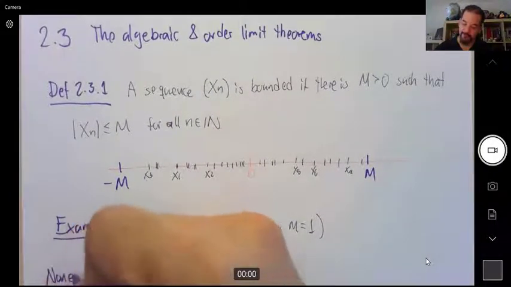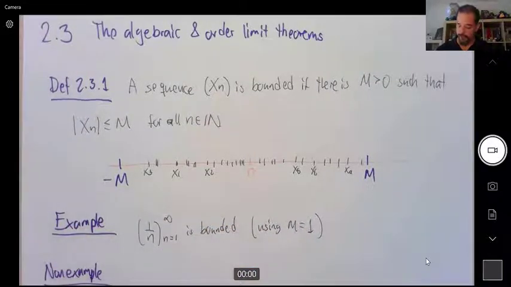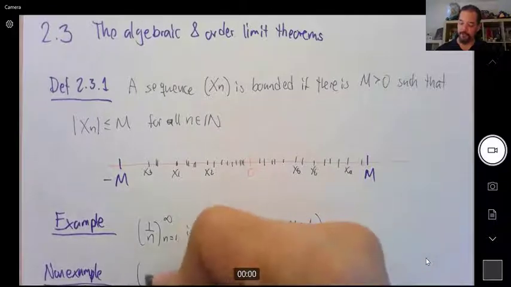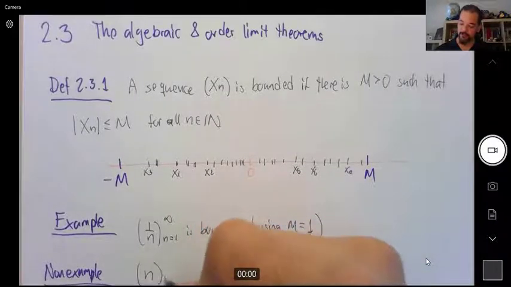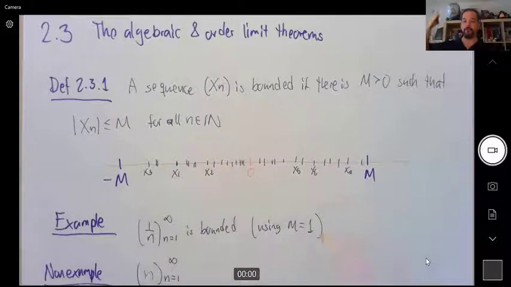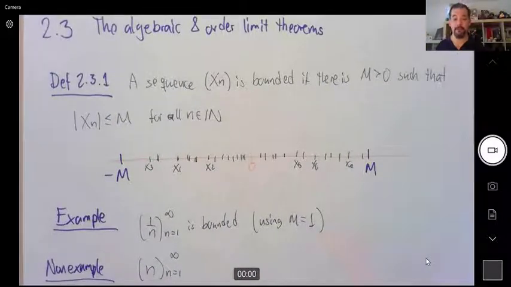Non-example. Well, it's essentially anything that grows too much will be a non-example. The easier one that I can think of is n, just n. The sequence 1, 2, 3, 4, 5, 6, 7, 8, etc. That one is not bounded, right? It's not bounded because of the Archimedean principle.